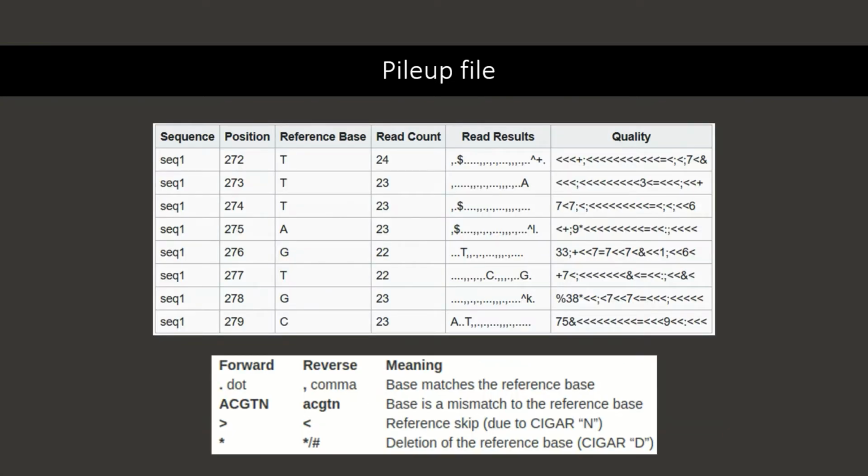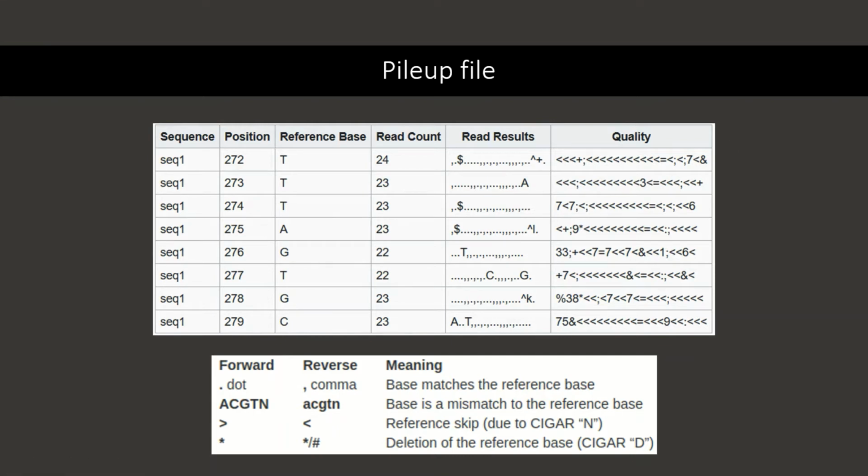Here we can see the format of a pileup file. It has sequence or chromosome name, position, base in the reference genome at that position, number of reads matching that position, and read results and quality.